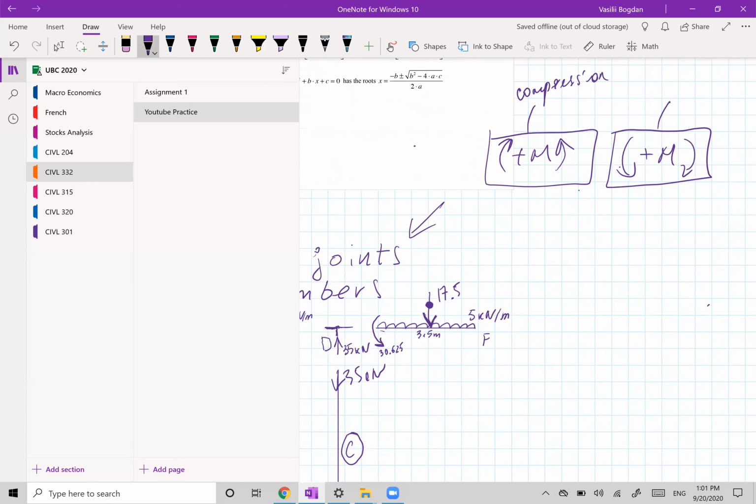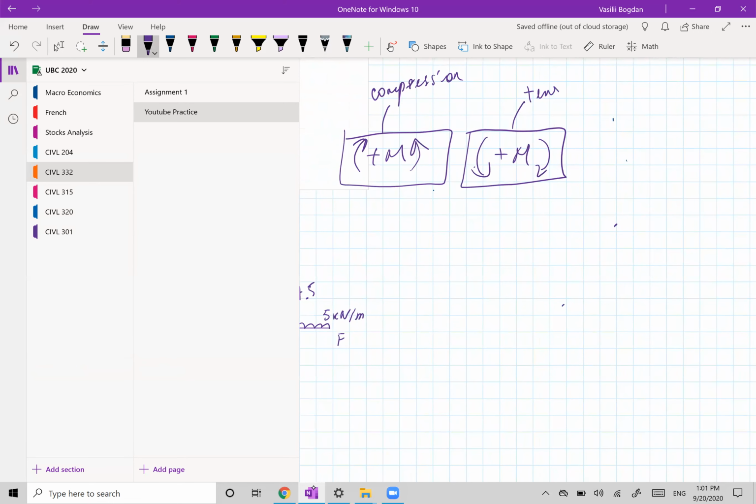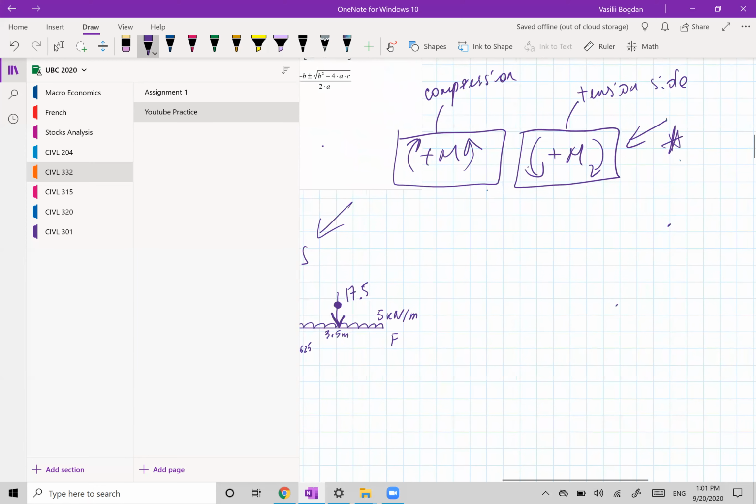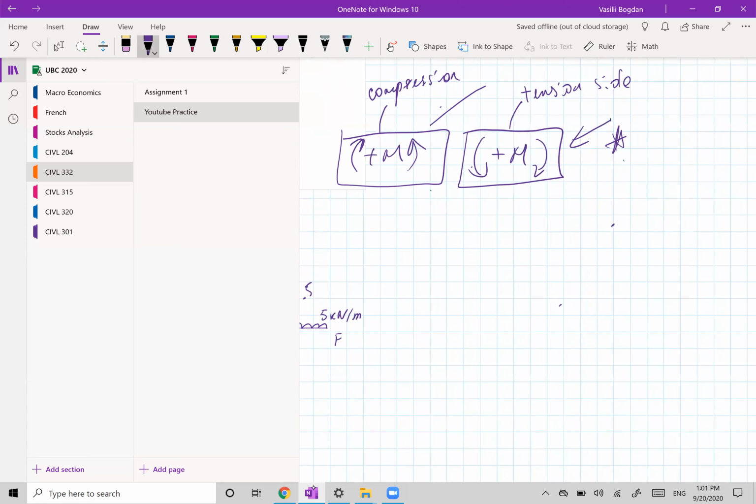Here they tell you to plot it on the tension side. For me, this makes more sense because it actually shows us the deflected shape. This one doesn't make sense to me because it doesn't show the deflected shape. So let's go with this way. I'm gonna stick with this convention.